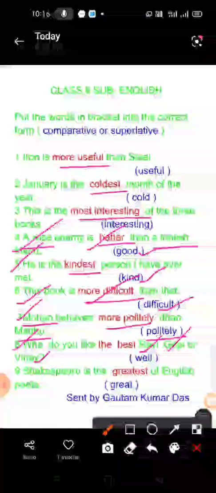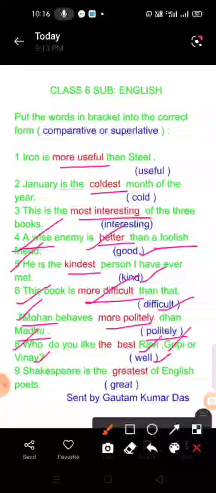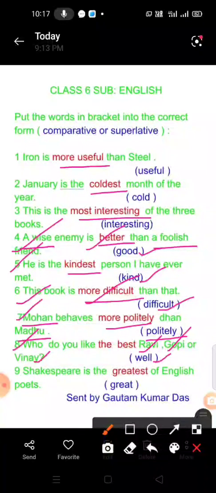The word given in the bracket is well. Well, it's a comparative degree: better, best. Who do you like the best, Ravi, Gopi or Vinay? When you see the best, that means more than 2, you have to choose one. Then you will write the best.